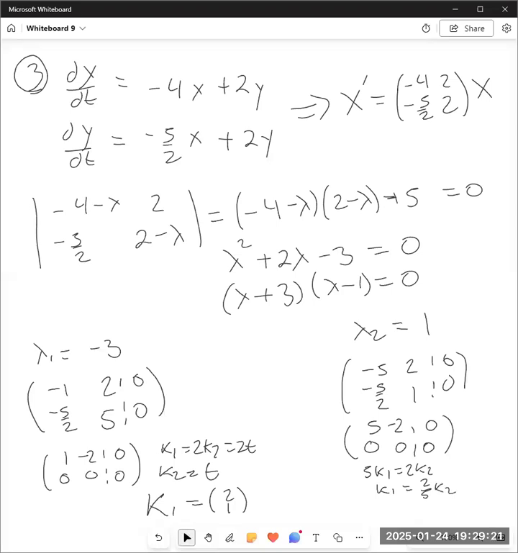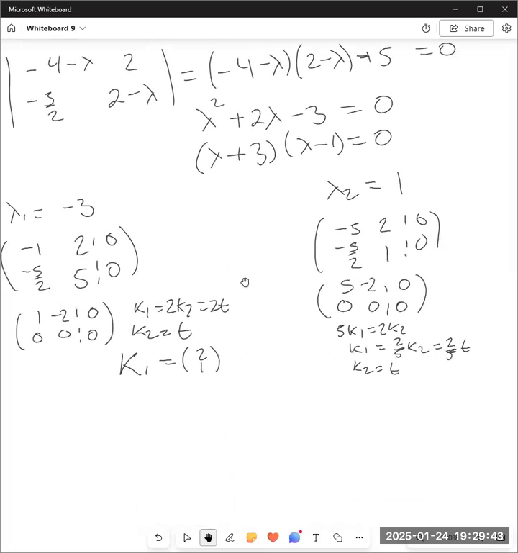I don't want to leave fractions in my eigenvector, so I'm going to choose a t value here that's to my benefit. Choosing t to be 5, I come up with an eigenvector for K2, for the span of this, to be 2 and 5.